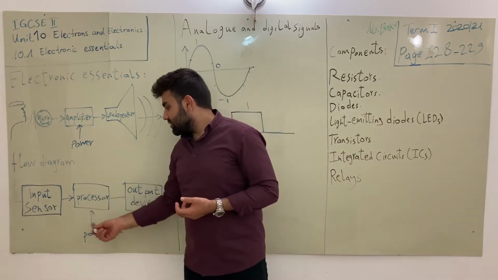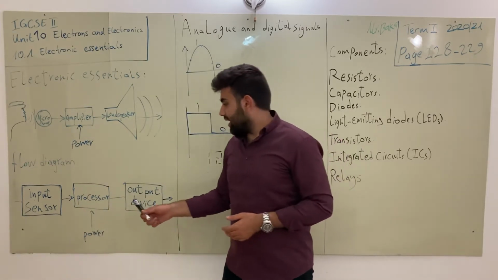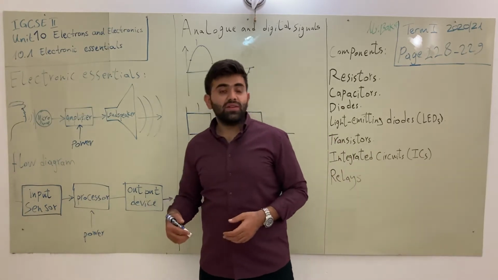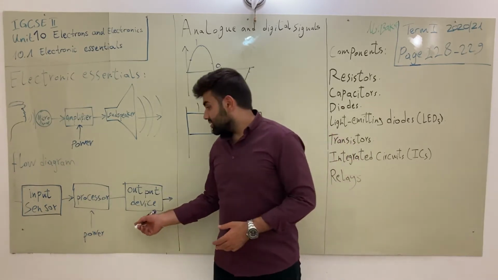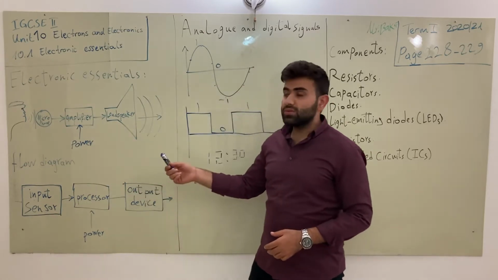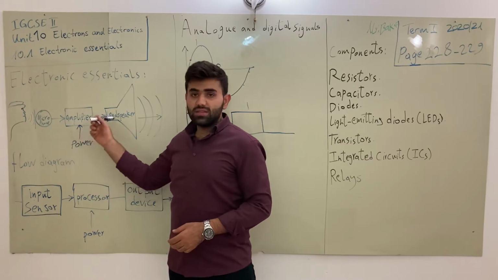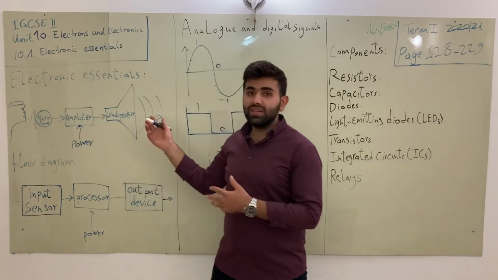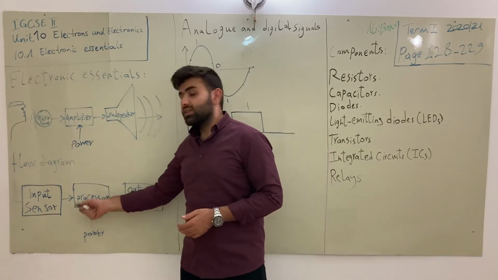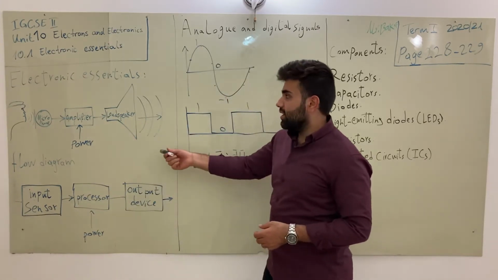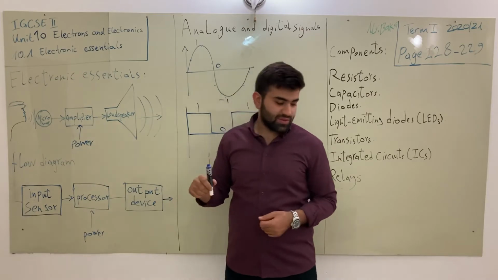Then the processor will control and decide how it goes out to the output devices. The microphone sends the signal in, the amplifier makes it bigger, the processor decides how much bigger, and it goes out. The output will be the loud voice.